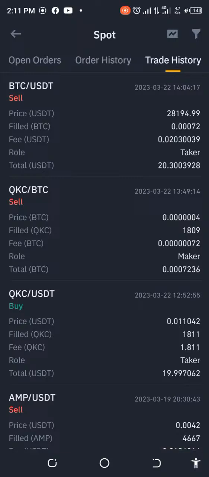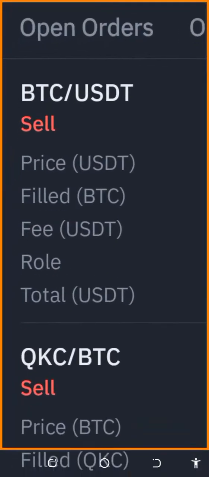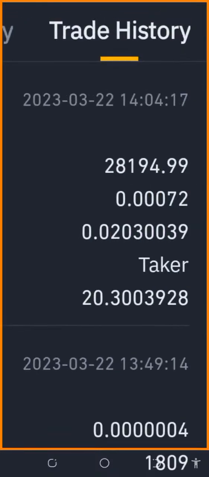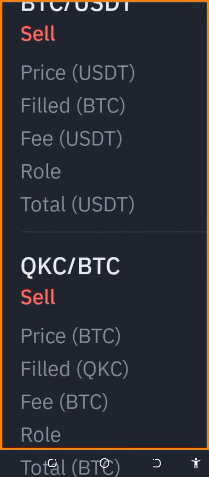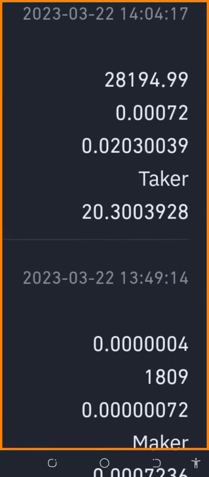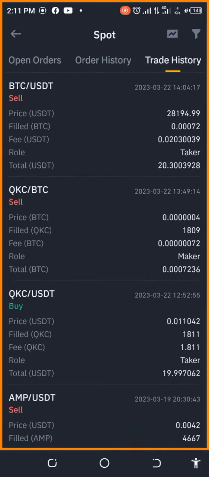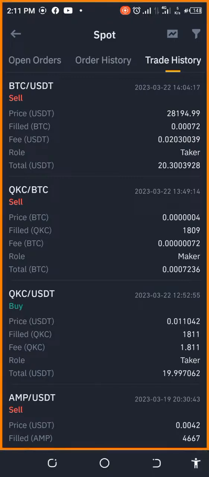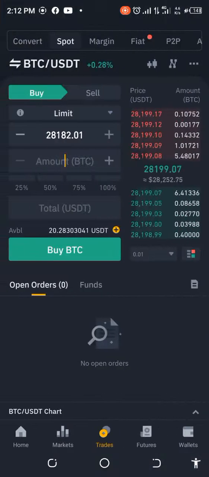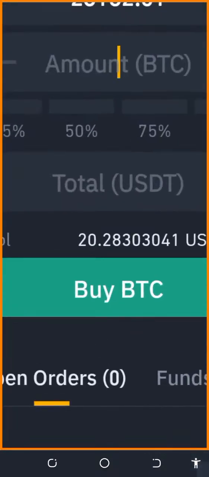Oh, yes, we also paid a USDT fee here, about 2 cents. That's the reason why. The total USDT plus the fee was 20.30, but when they took out their 2 cents, that's why what we have here is 20.28.